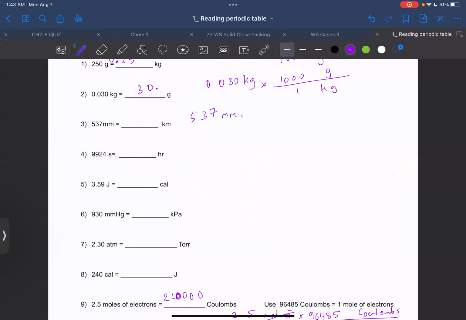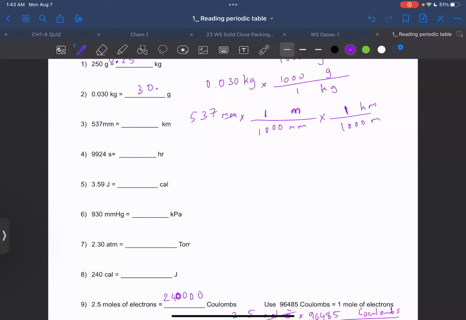537 millimeter. We don't want millimeter, so it goes on the bottom. Millimeter is going to go to meter. So 1 meter, 1,000 millimeter, and then 1,000 meter, 1 kilometer.